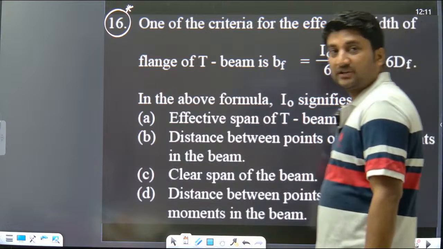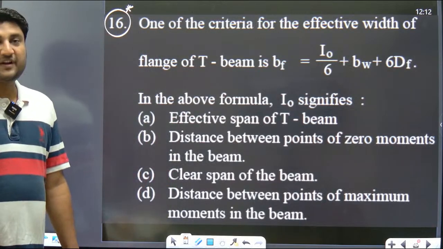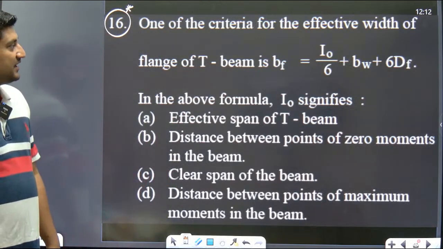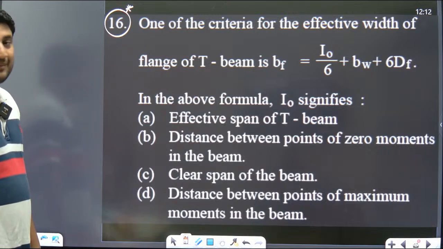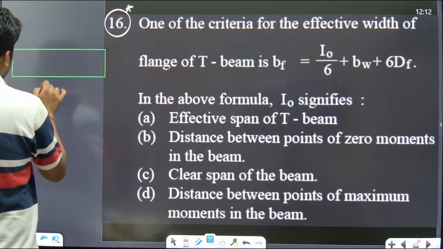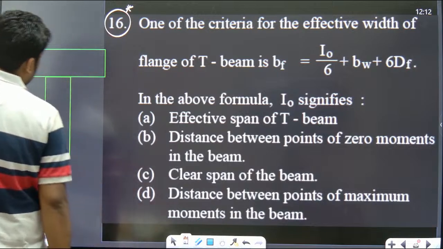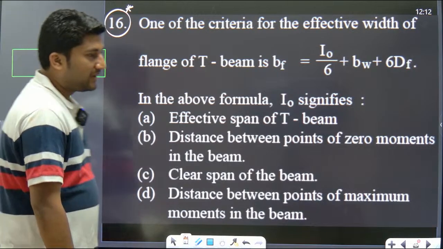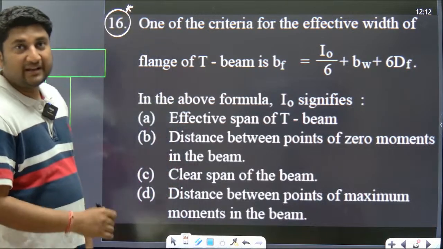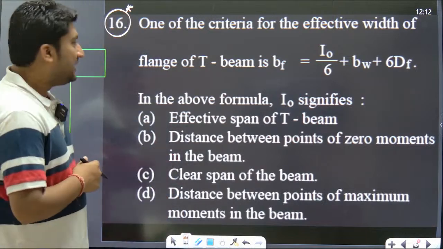This is a very good question. Although you used to remember these formulas, the effective width of flange is one of the critical sections of the T beam. In a T beam, the fibers in the center have more stress as compared to the outer fibers.